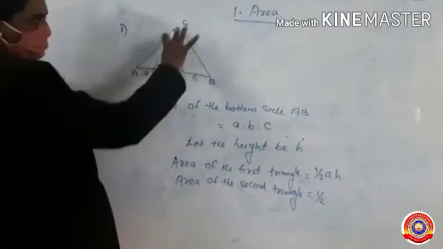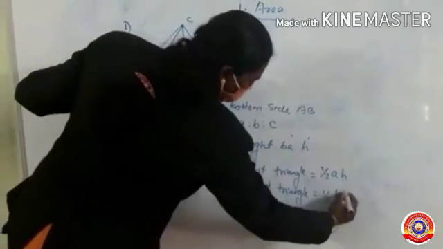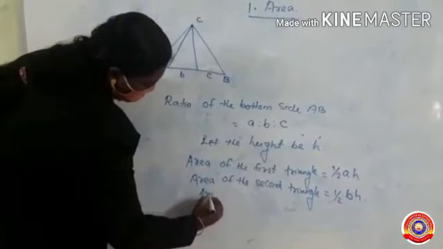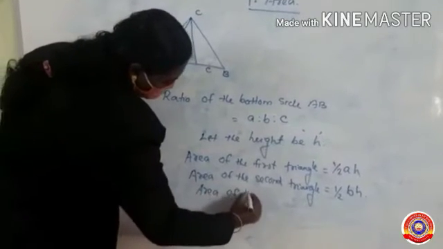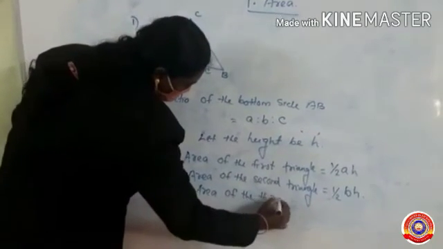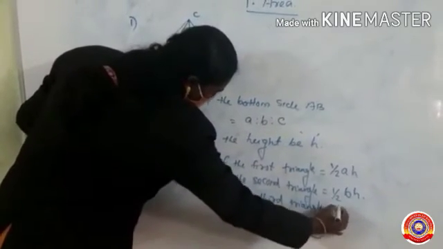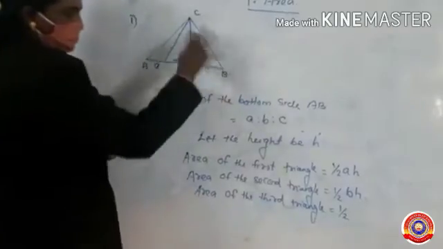Here base equals B, into height. That means half BH. Next, the area of the third triangle equals half into C into H because C is the base there.